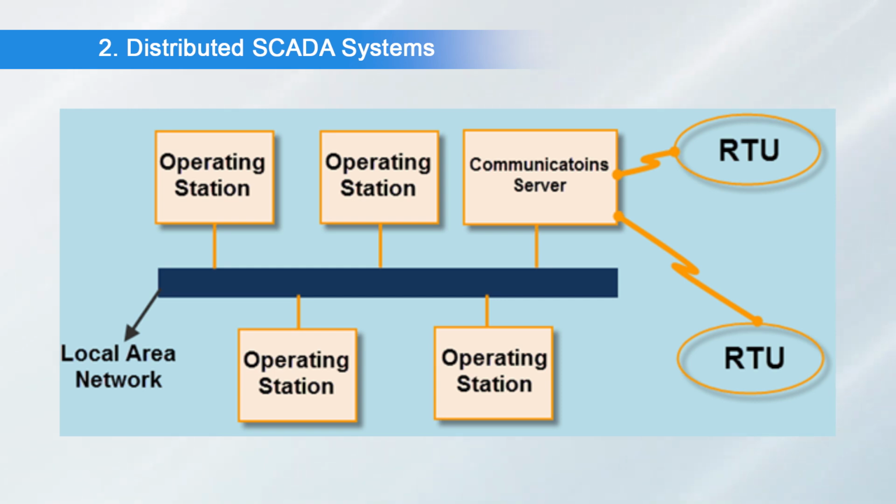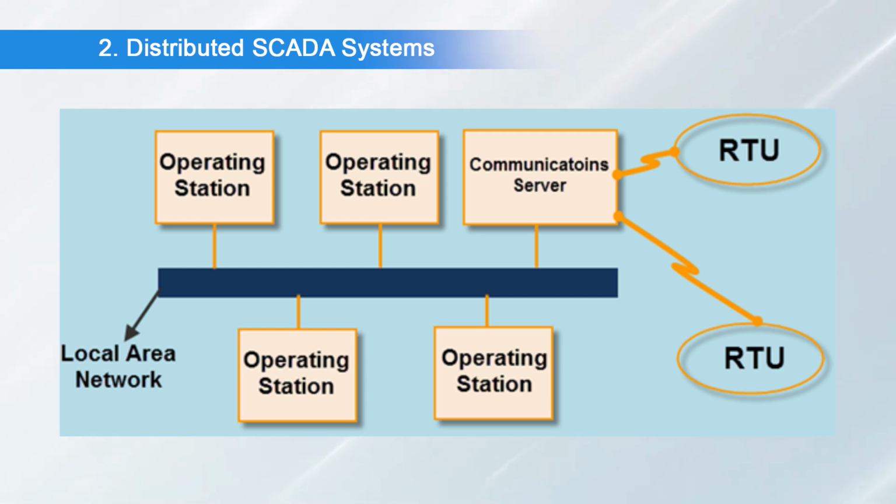But the networks that connected these individual systems were generally based on LAN protocols and could not reach beyond the limits of the local environment. In the second generation distributed SCADA architecture, the sharing of the control functions is distributed across multiple systems which are connected to each other using a local area network.